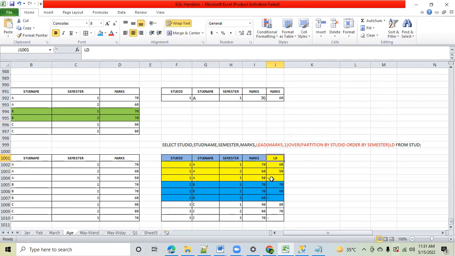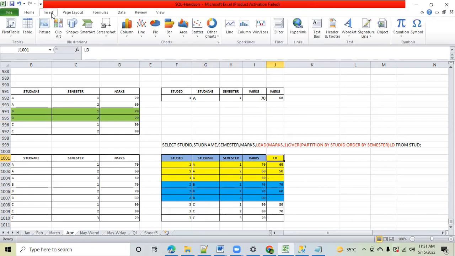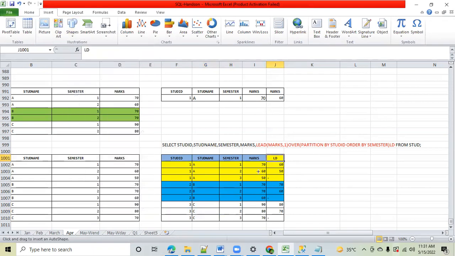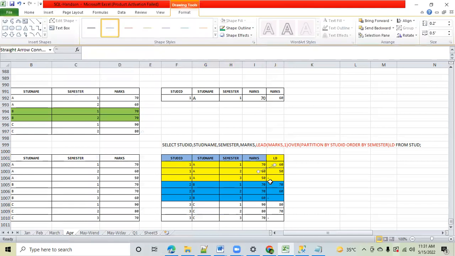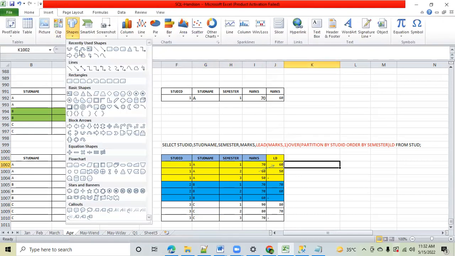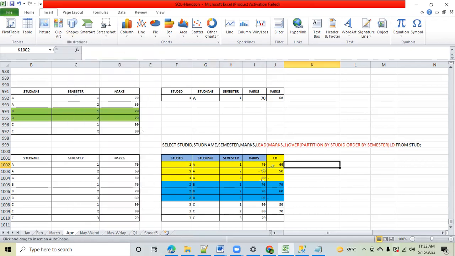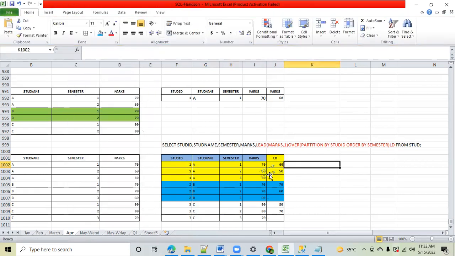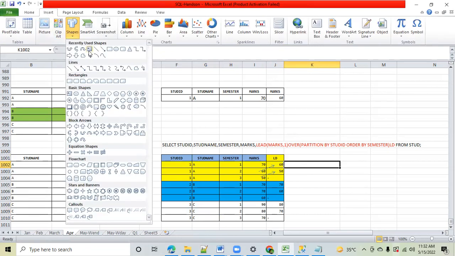Here, what is happening? This is a shadow diagram. It is going like this. It has shifted from here to here. Then again, this has shifted, and this has shifted from here to here. So this is happening, and for each and every partition, it is getting shifted.